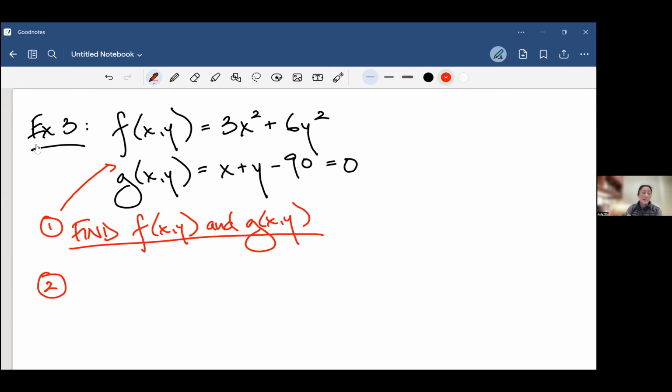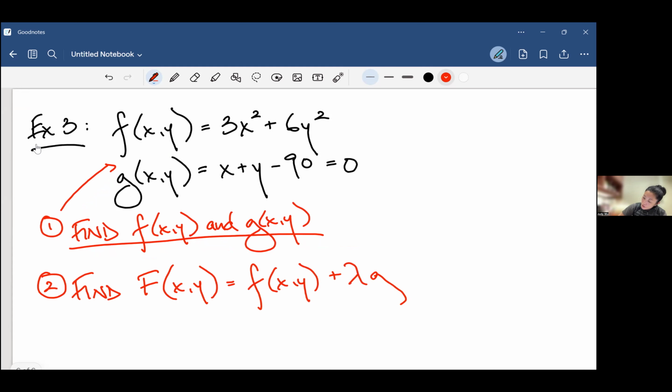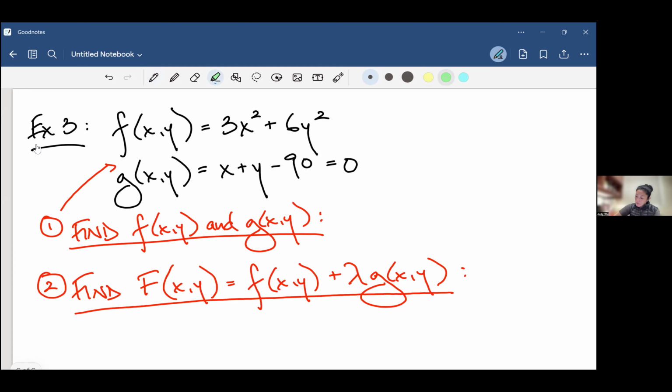Now we're going to find what we call our capital F of x, y. Just as a reminder, this is equal to little f of x, y plus lambda g of x, y, and that lambda is our Lagrange multiplier. We multiply it right into our g of x, y.